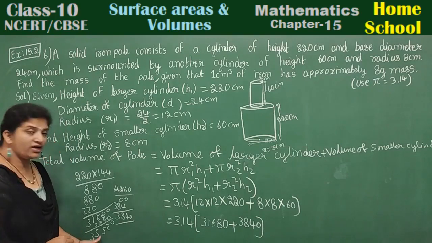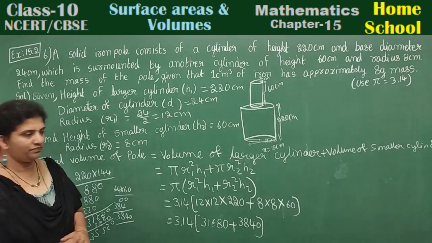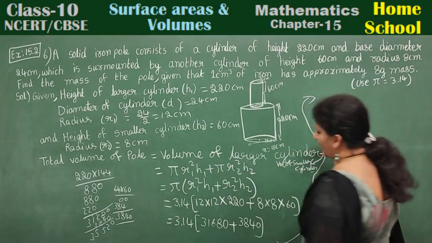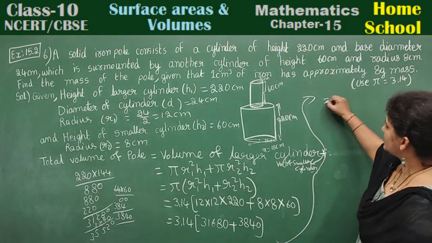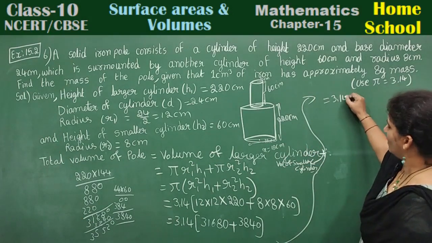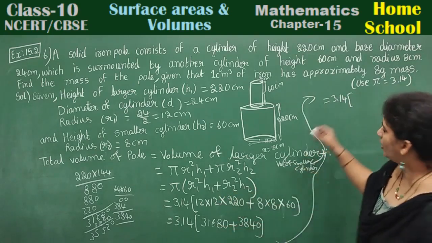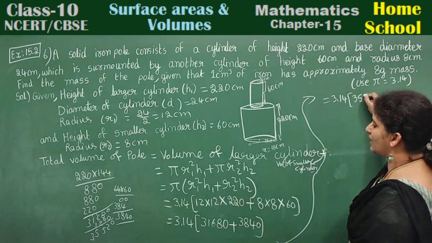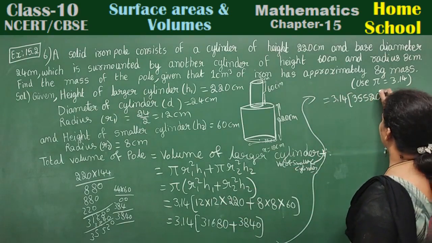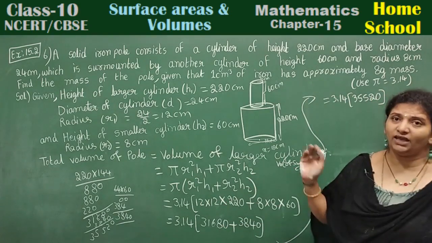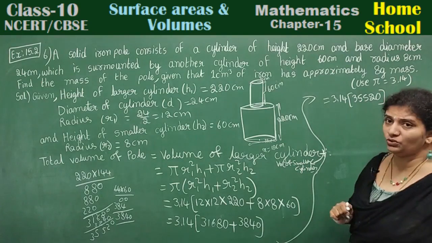That will be 35520. Now let's continue the calculation part here. It is equal to 3.14 into, if we add these two, what did we get there? 35,520. Now again, we need to multiply these two.